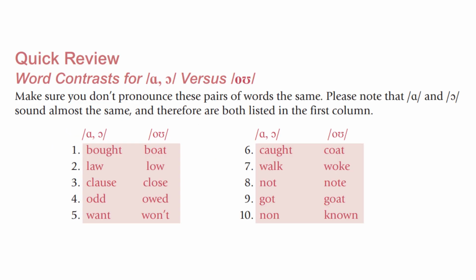Quick review. Sound contrasts for /ɔ/ versus /o/. Make sure that you don't pronounce these pairs of words the same. Bought, boat. Law, low. Clause, close. Odd, owed.